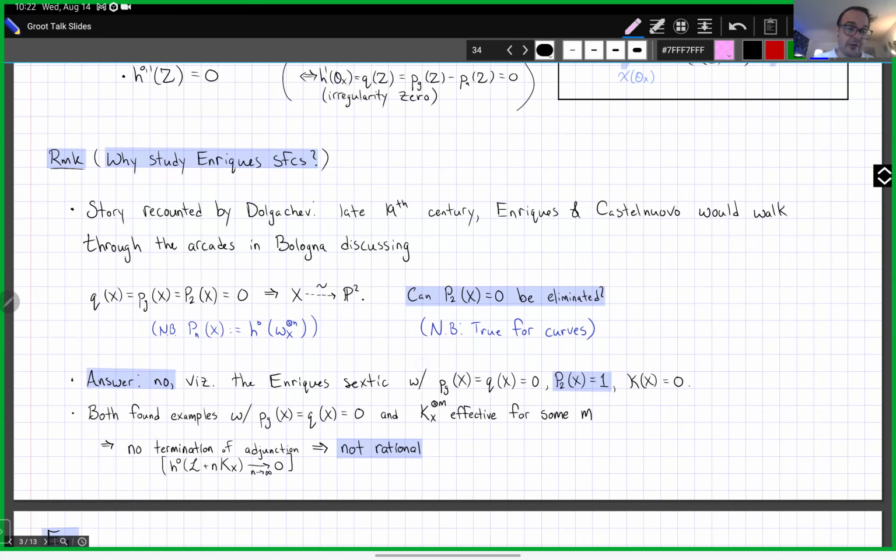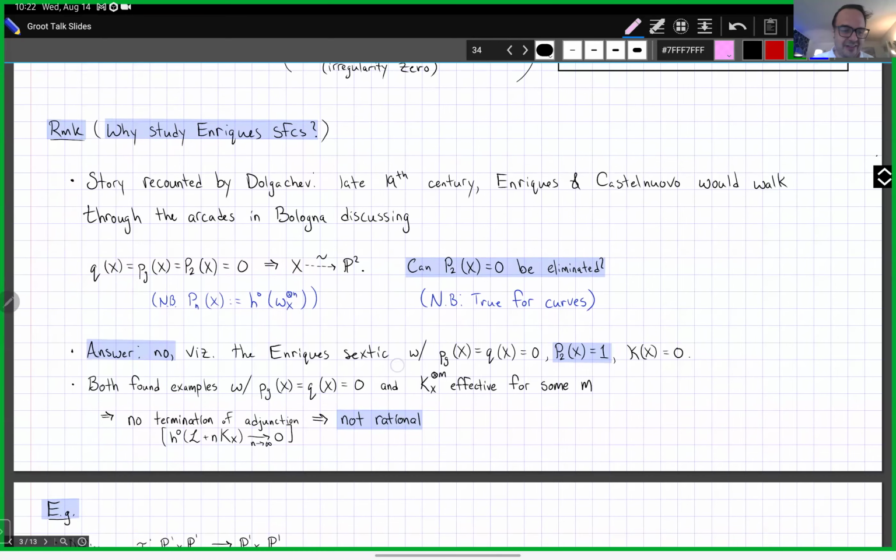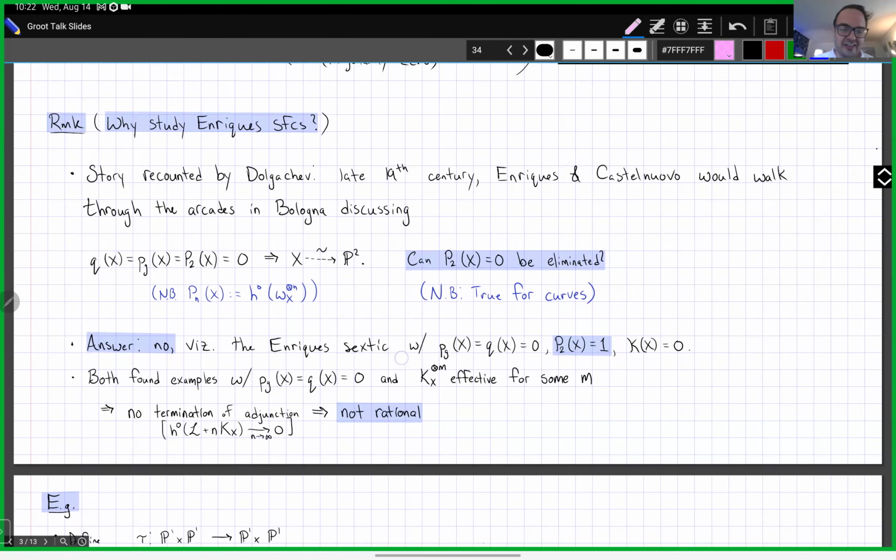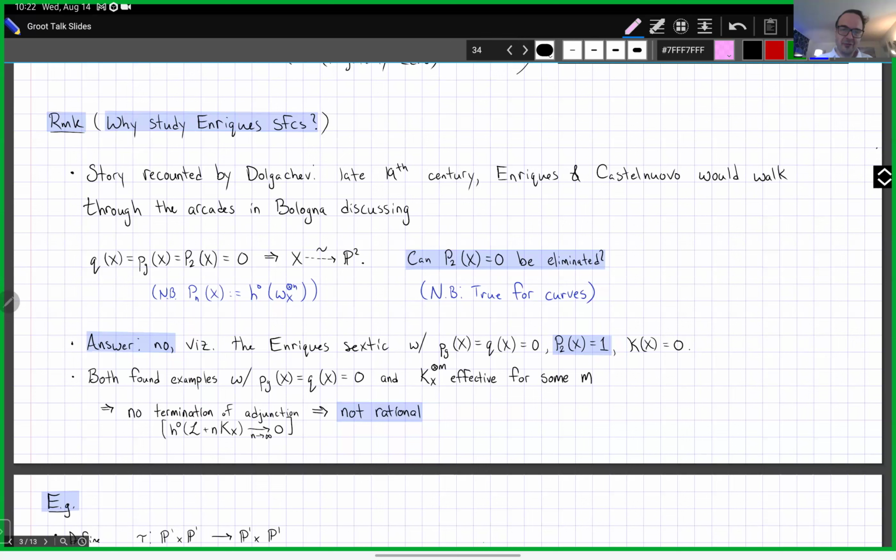And so both Enriques and Castelnuovo came up with counterexamples where PG and Q are 0, but P2 is 1. But they're still Kodaira dimension 0, and they're not rational surfaces. And the way they prove this is not rational, maybe I'll skip over this. There's something called termination of adjunction, which holds when you're a rational surface, and they prove that this process doesn't terminate.